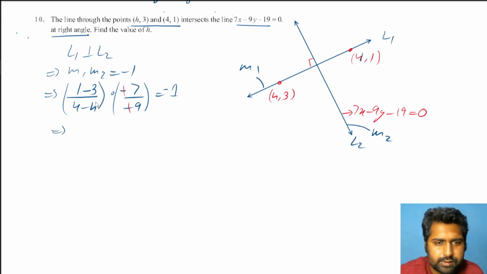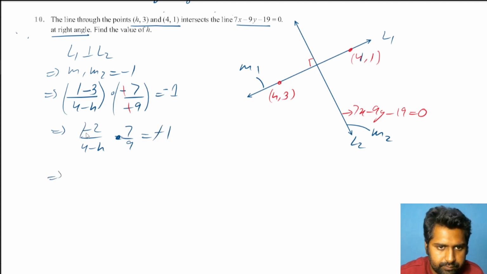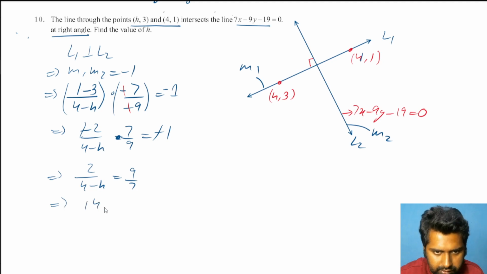So you'll get minus 2 upon 4 minus h into 7 by 9 is equal to minus 1. Negative negative again cancels. So you get 2 by 4 minus h is 9 by 7. Cross multiply. 14 is equal to 36 minus 9h.